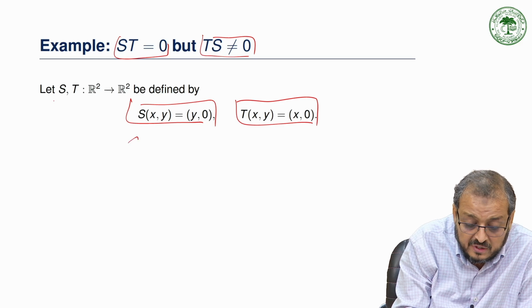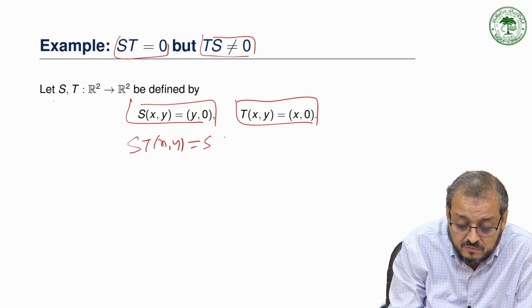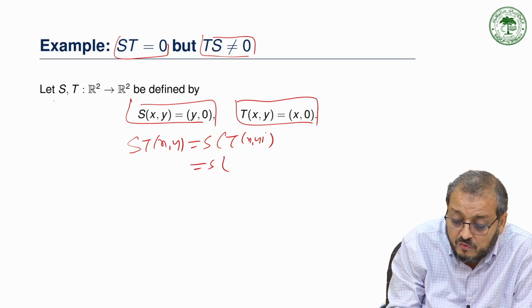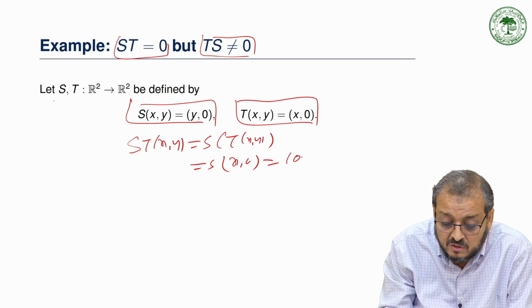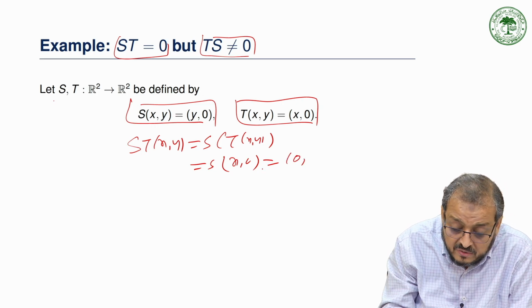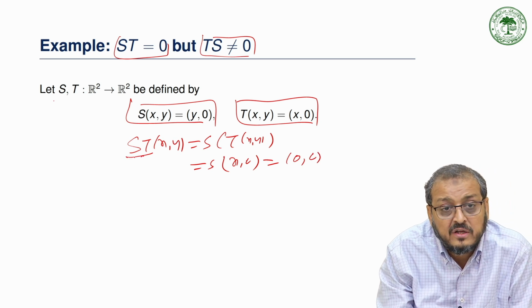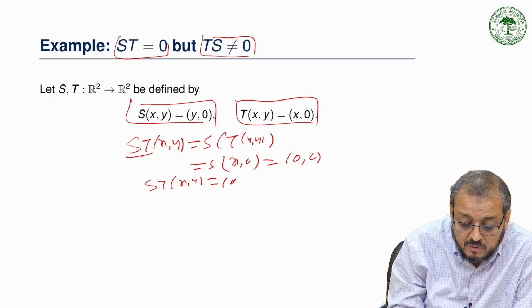Now if you calculate S of T of (x, y), which is S times T of (x, y), then T of (x, y) is (x, 0). And by the definition of S, this gives (0, 0). So S of T of (x, y) is equal to (0, 0).